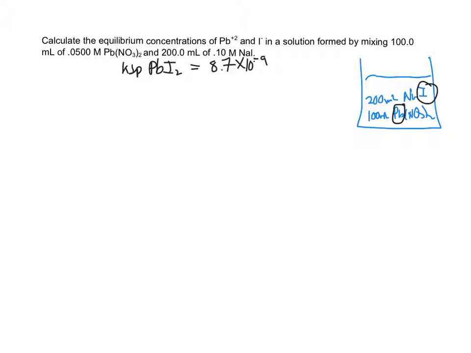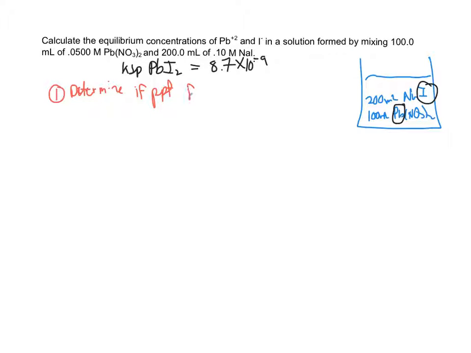We don't know. So if we want to know if a precipitate forms, what do we do? We calculate Q. So let's write out our steps for this question, because it's kind of long. So the first thing we want to do, if we want to determine the concentrations at the end, is determine if a precipitate forms or not.